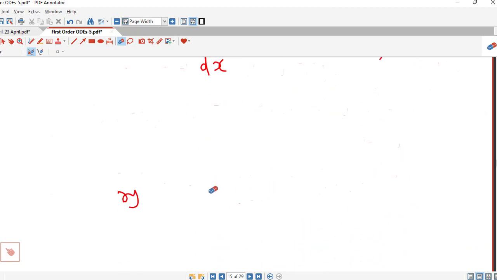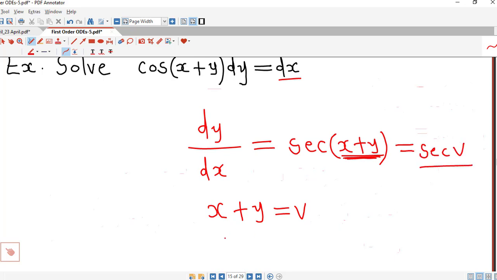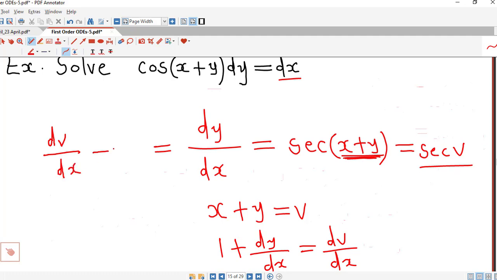So this suggests we take a transformation. Suppose we consider the transformation x plus y equal to v, then here we will have sec v, and if we differentiate this with respect to x, we will have 1 plus dy by dx equal to dv by dx, and dy by dx will become dv by dx minus 1.